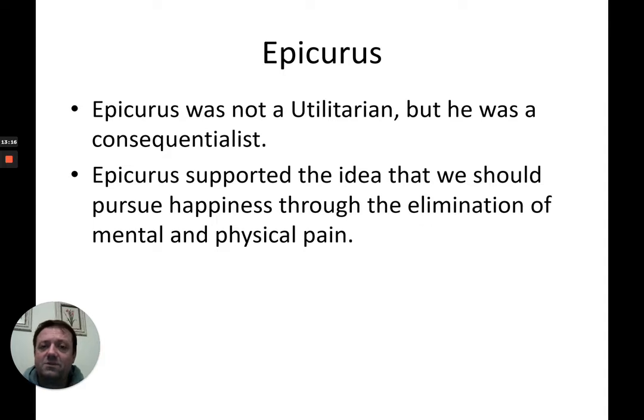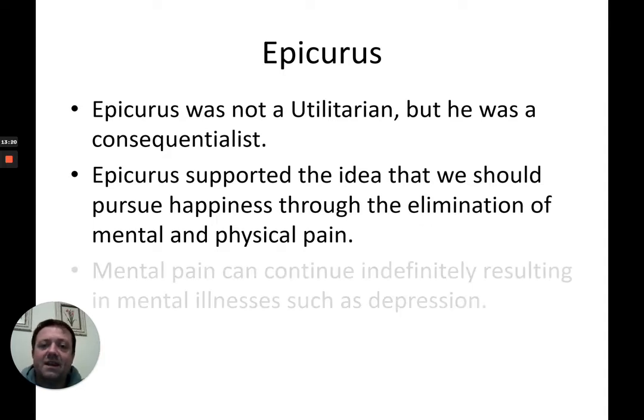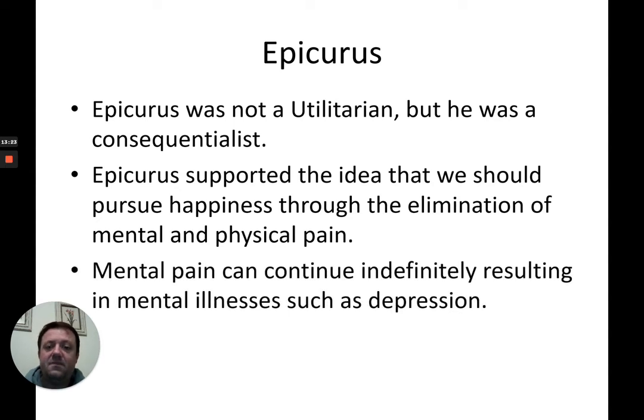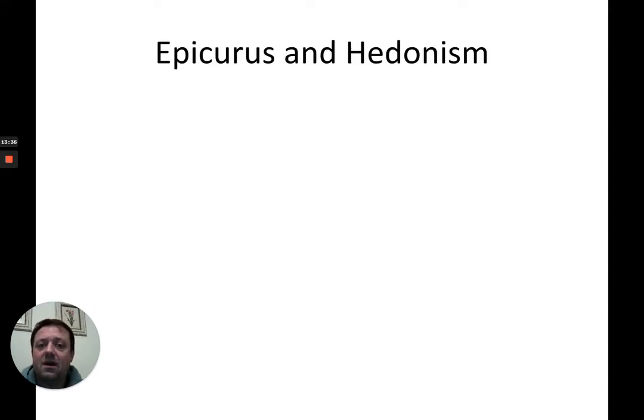And he believed much more that it was down to the individual focusing on the elimination of mental and physical pain. All right? And mental pain, Epicurus realized, could cause mental illnesses such as depression, and that, of course, is problematic in terms of developing your own happiness.